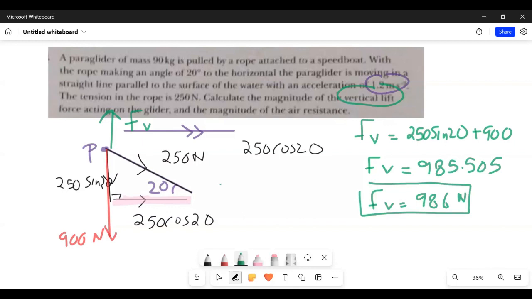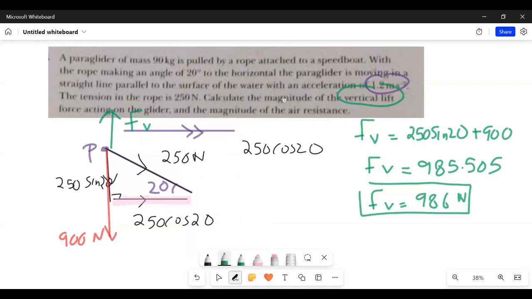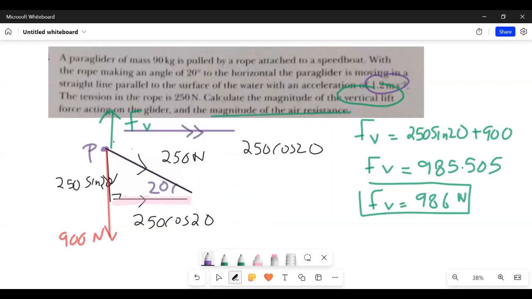Next, we have to find the magnitude of air resistance. Now, if the object is moving towards the right, as indicated by the double arrows, then the resistance should be in the opposite direction. So this is the force of resistance, or the magnitude of air resistance. Okay, so that is pointing leftwards. Towards the right, we have 250 cos 20.